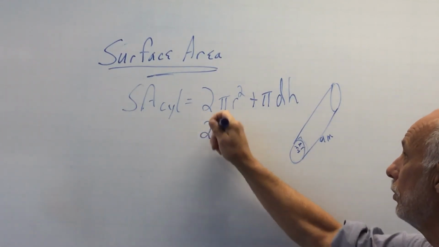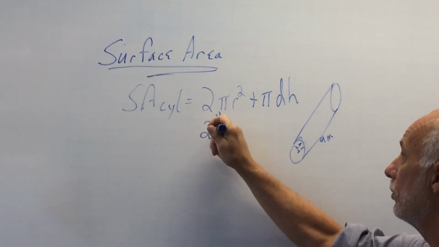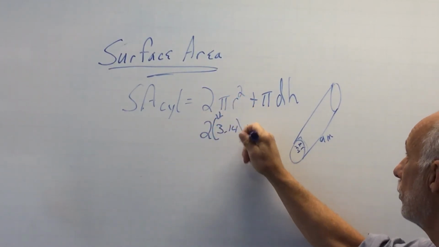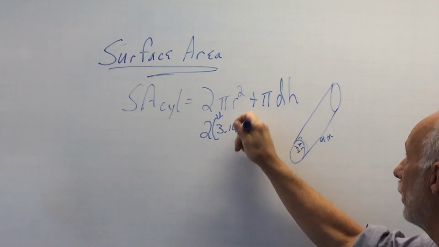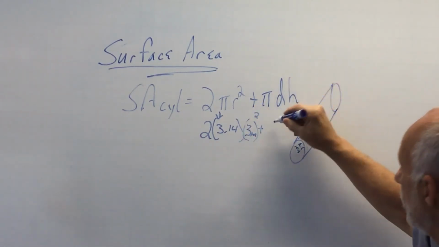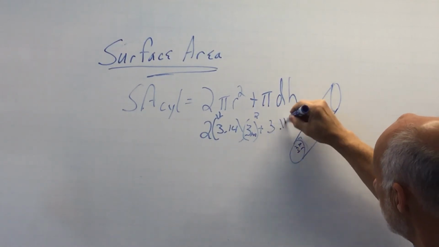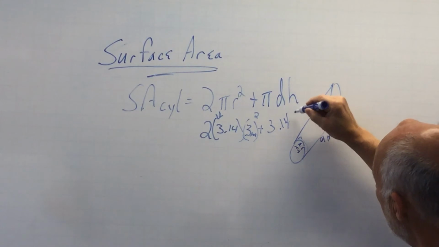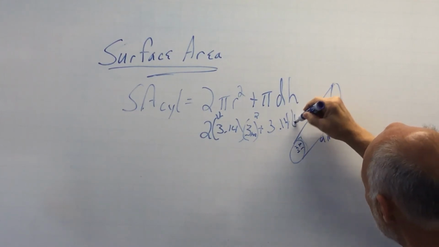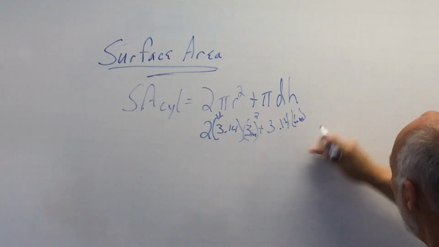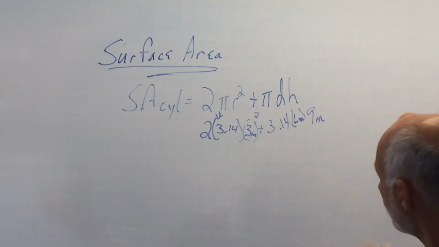So this would be 2 times pi, which is 3.14, times the radius, which is 3 meters, and I got to square it, plus pi, still 3.14, times the diameter, which is 3 and 3, which is 6 meters, and the height is 9 meters.